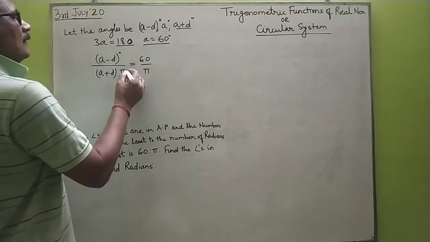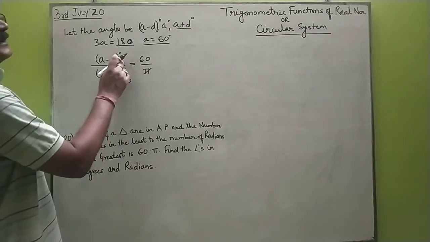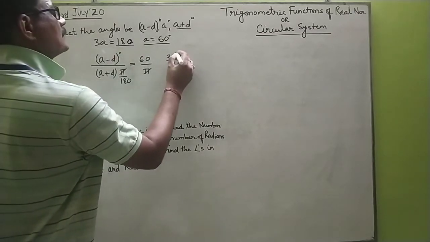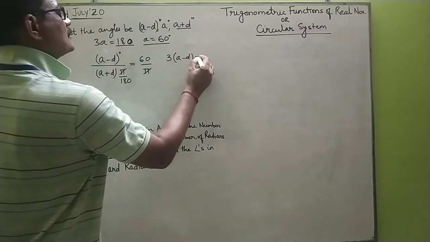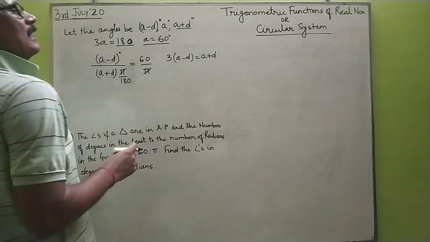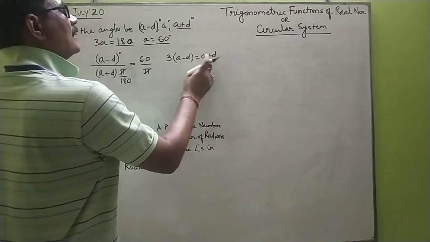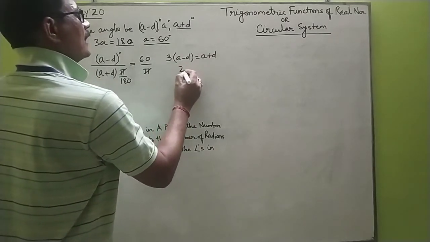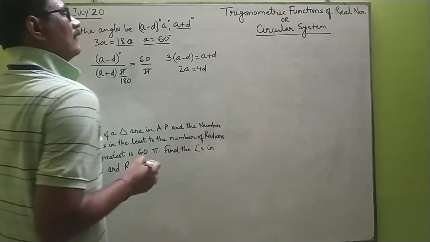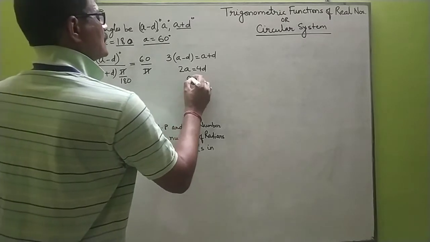So what do you find? Pi and pi cancel. This 180 goes here and 60 cancels 180 three times. So finally what you will get is 3 times A minus D equals A plus D. When you simplify this, you will have 3D going as 4D, and here you will have 2A. So 2A equals 4D, sorry. And A is equal to 2D.